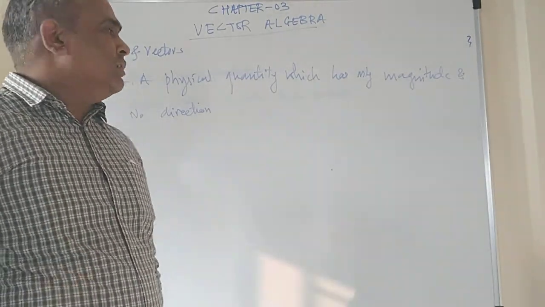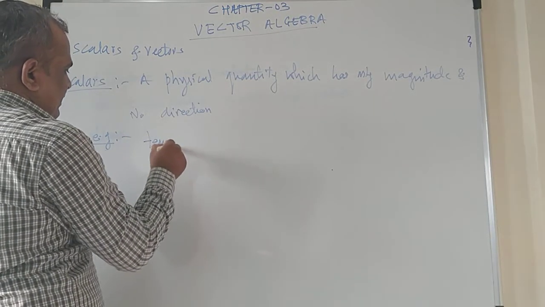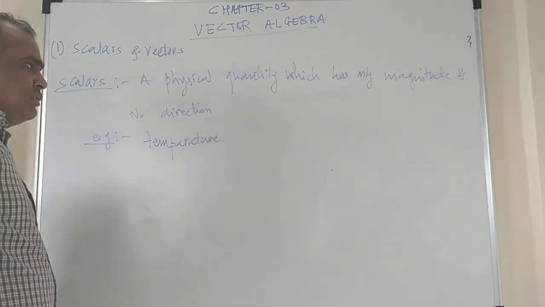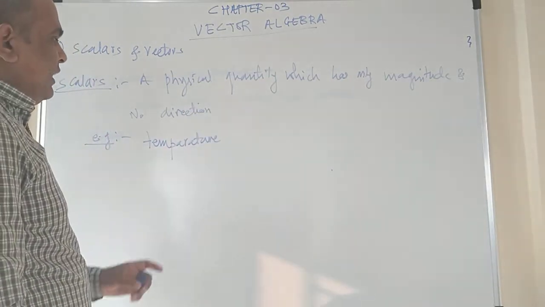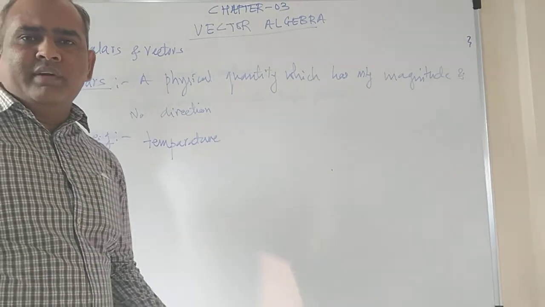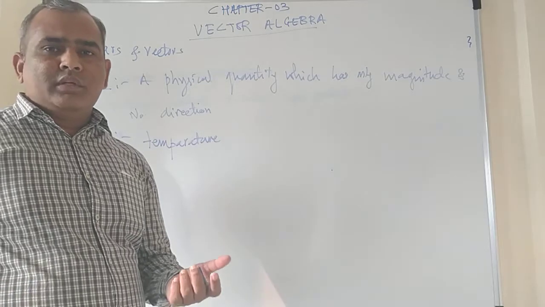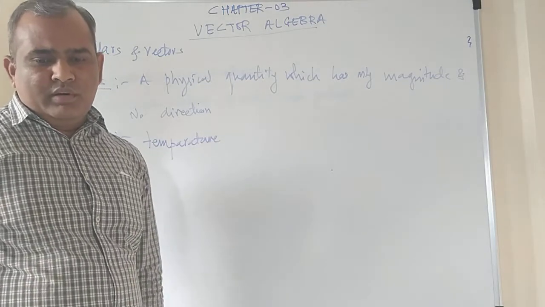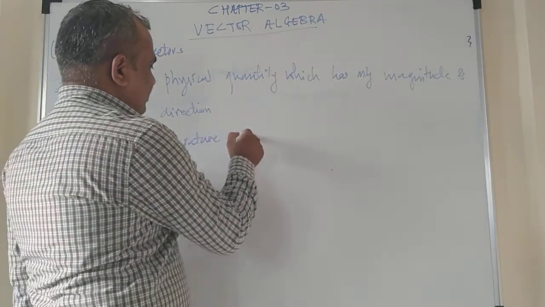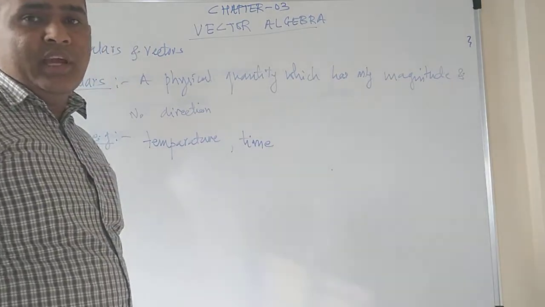Now let's see some example. Temperature is a scalar quantity because it has only a magnitude and no direction. You are measuring a temperature in degrees Celsius, maybe degree Fahrenheit or degree Kelvin, but that has only a magnitude and no direction. So therefore, temperature is a scalar quantity. On the same line, time is one more scalar quantity.